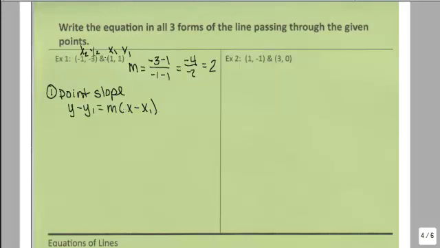I'm actually going to use the right-hand ones because they're positive, and it is always easier to deal with positive numbers because of these minuses. Because if you have negative numbers, those minuses will turn to pluses, and that is easily messed up. So it's much easier to deal with the positive numbers. So y minus, and my y1 is 1, equals, my slope is 2, x minus, and my x1 is 1. And there's my point slope form.